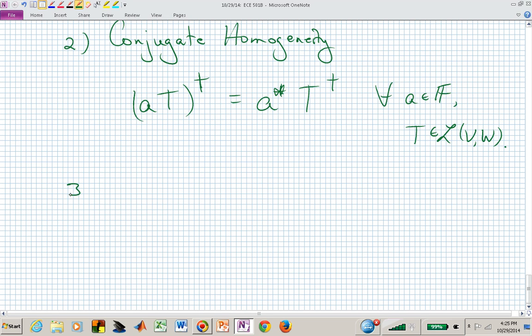Another property is the adjoint of an adjoint. Meaning, if I now take the adjoint of the adjoint of T, I get back the original linear map.